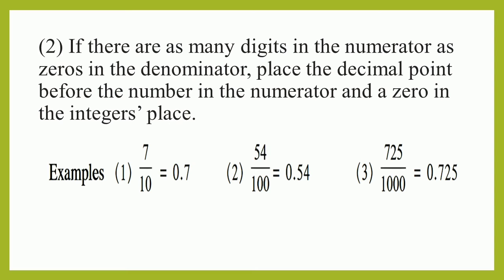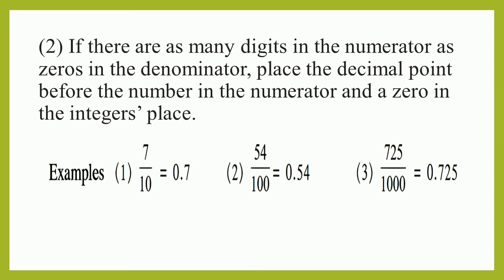There is only one digit in the numerator and only one 0 in the denominator. So the number of digits in the numerator is the same as the number of zeros. So we will put the point in front of the number, that is 7, so .7, but we will put the 0 before the point.